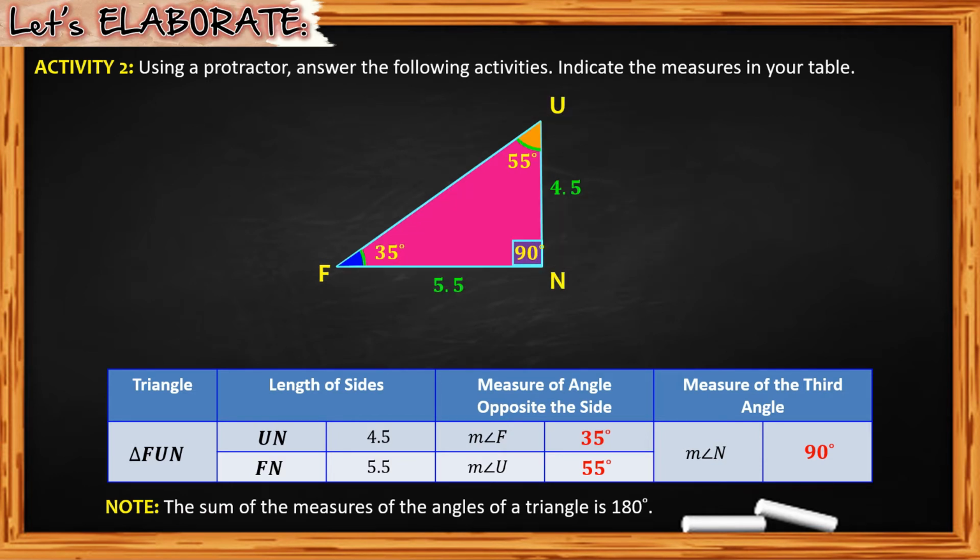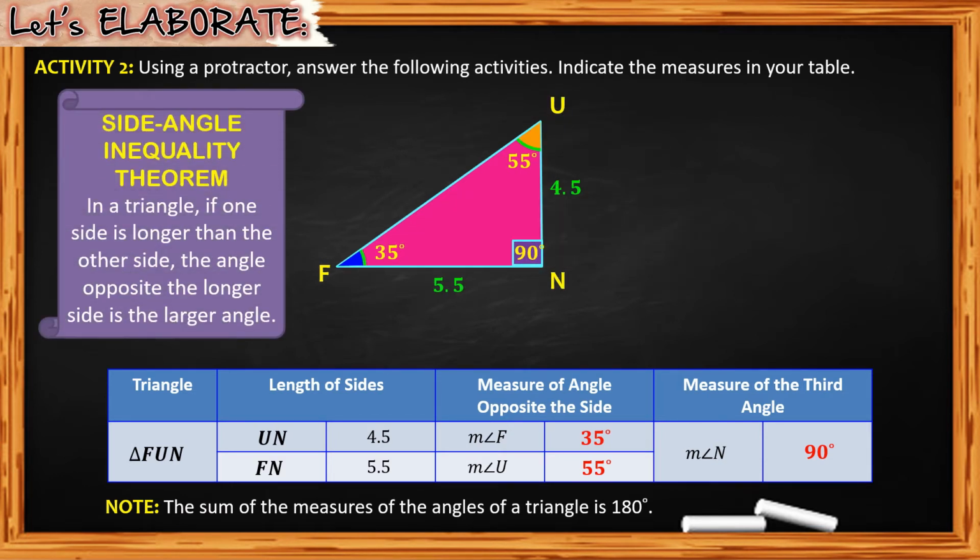Now, we have here what we call the side angle inequality theorem. In a triangle, if one side is longer than the other side, the angle opposite the longer side is the larger angle. So if FN 5.5 is greater than UN 4.5, then the measure of angle U, which is the opposite of FN, is greater than the measure of angle F, which is the opposite of UN.